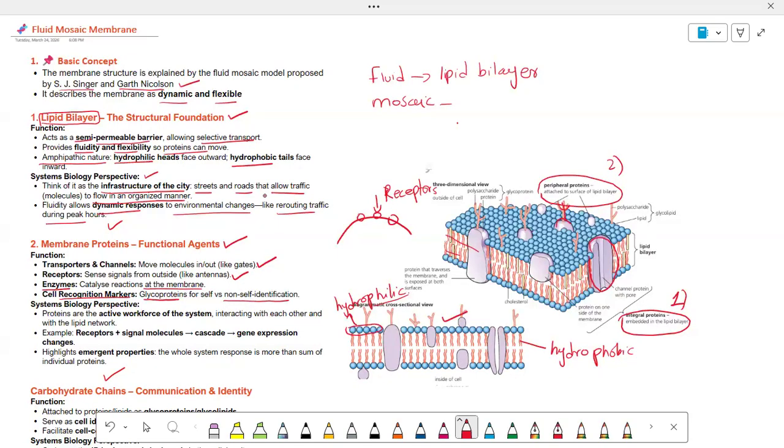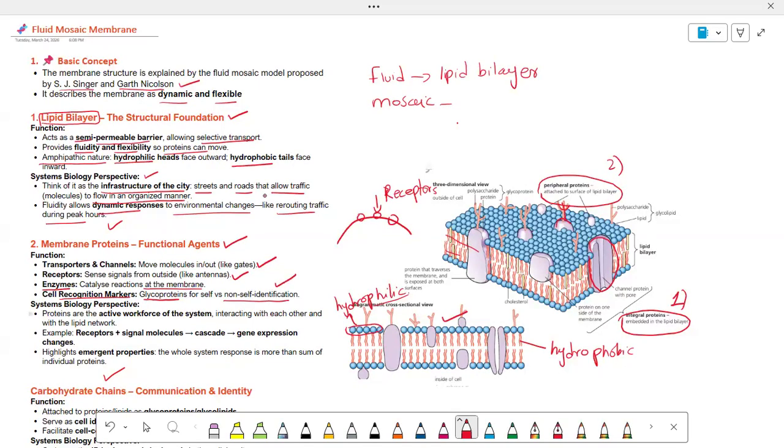They identify which cells are their own and which are outsiders, like bacteria, viruses, or pathogens that try to enter the cell. It detects them and the immune system will kill them, so they don't cross the cell surface membrane.